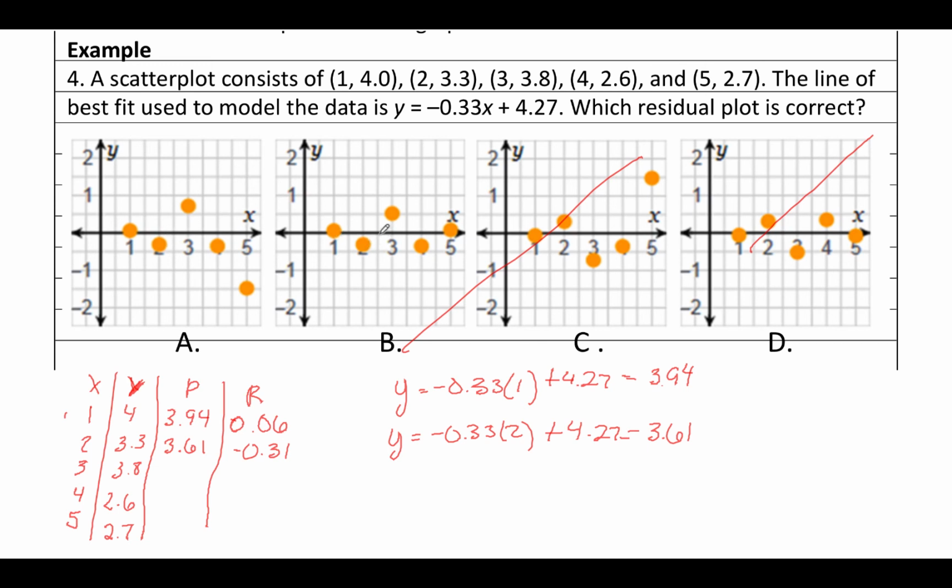So now let's try 3. Y equals negative 0.33 times 3 plus 4.27 equals 3.28. 3.8 minus 3.28 is 0.52, so about a half.